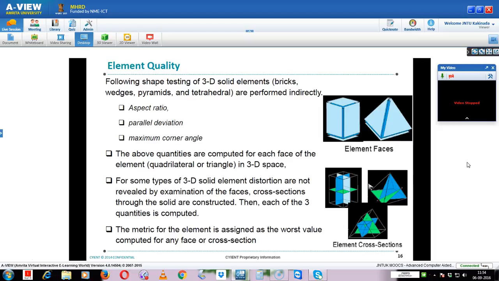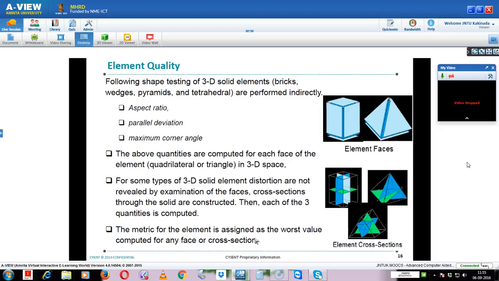In these elements we have to check the cross sections: cross sections for the quad, cross sections for the tria, and cross sections for the pyramids.